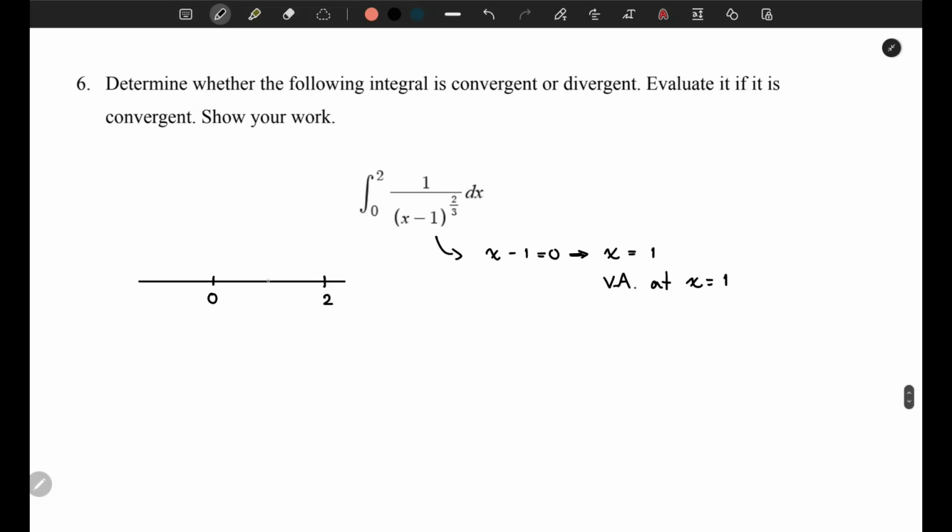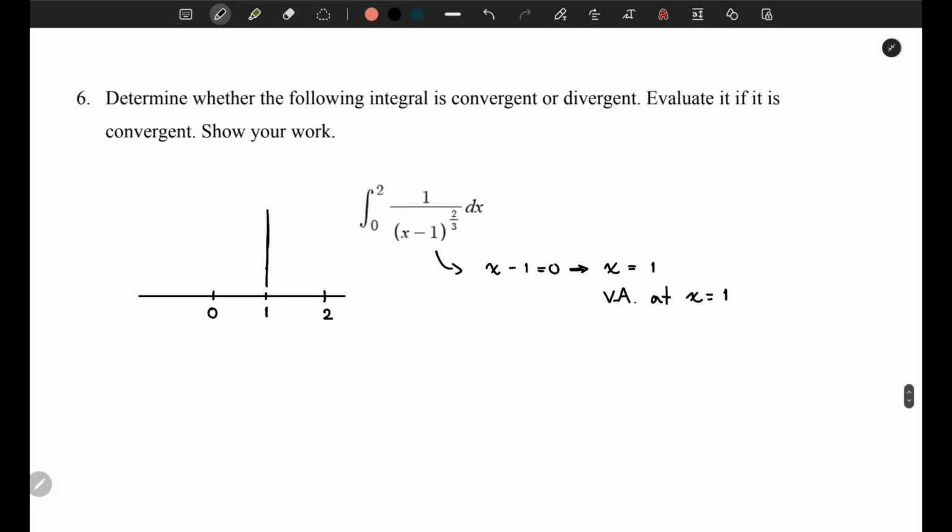So that means at the point 1, let's say this is 1, there is a vertical asymptote, meaning as we shade, at 1 it will stop and then it'll continue. So that's why this is an improper integral, and we have to determine whether or not it is convergent or divergent.